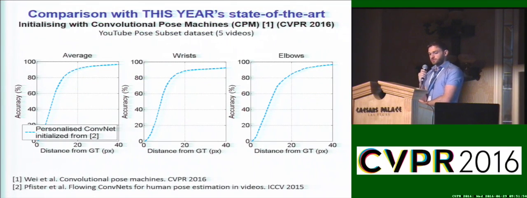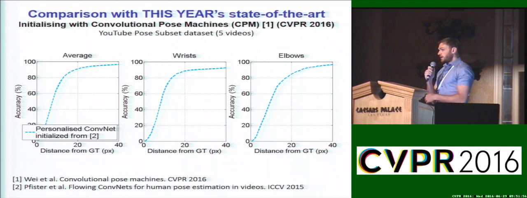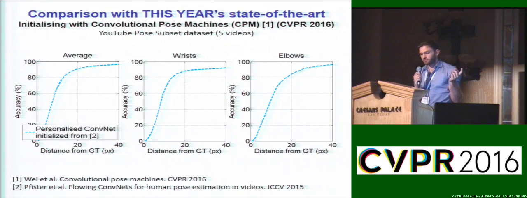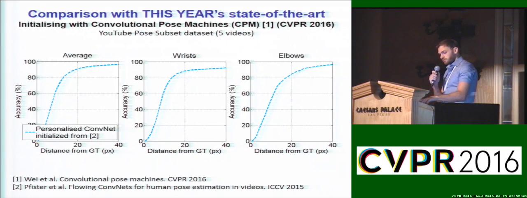Here I show latest results where we personalize from the output of one of this year's convnets. This is namely the convolutional pose machine by Wei et al., and this is going to be demoed later this afternoon. So here's the performance curve of personalizing from a convnet from last year.